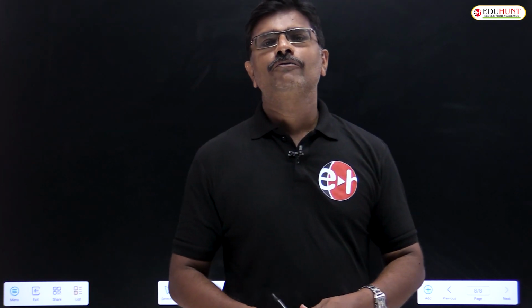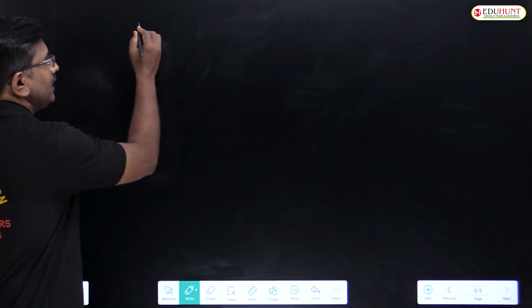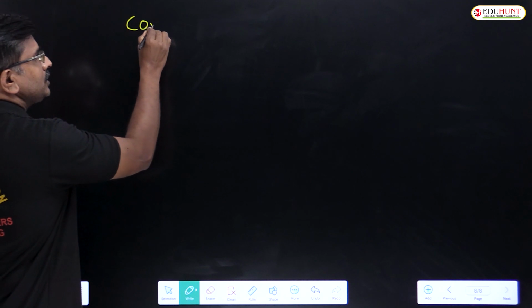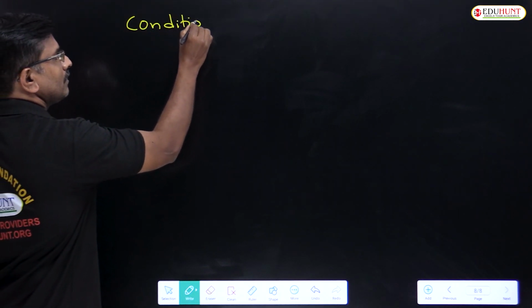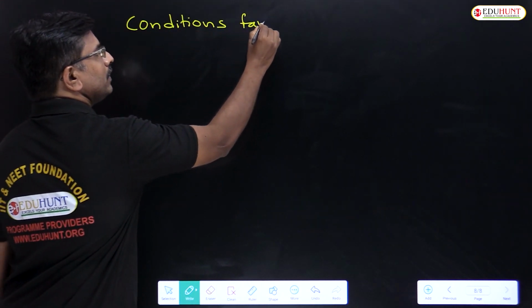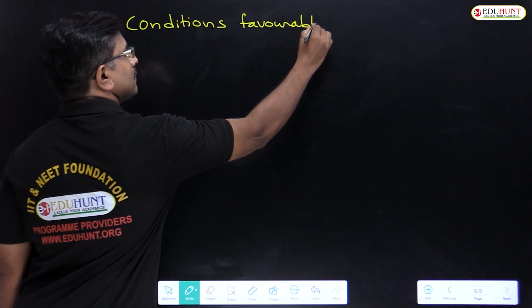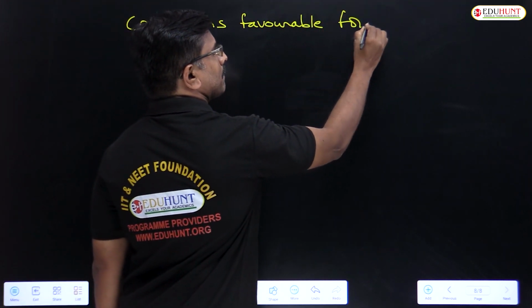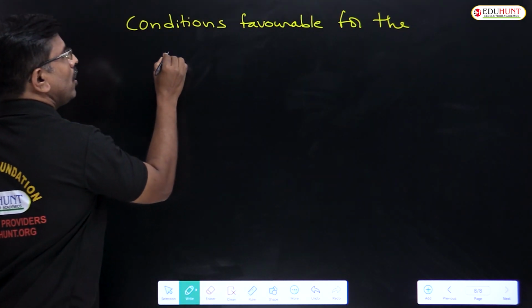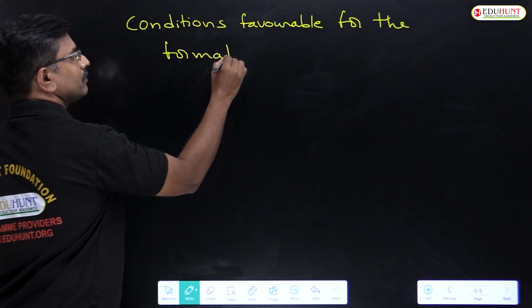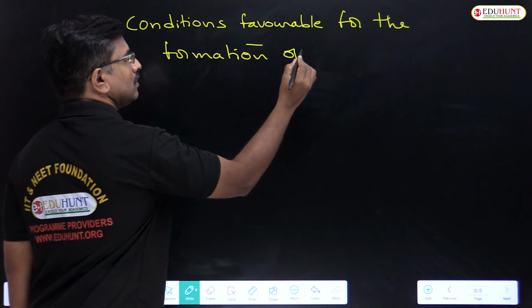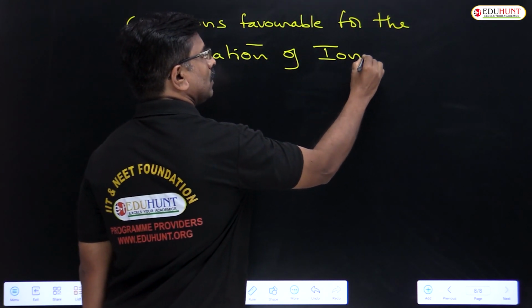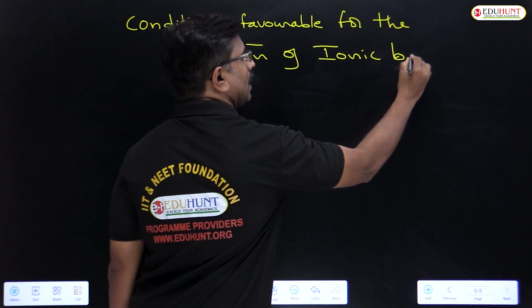We are going to consider the important factors that are favorable for the formation of ionic bond. So, our topic is conditions favorable for the formation of ionic bond or ionic compounds.